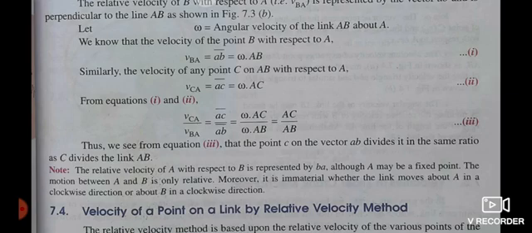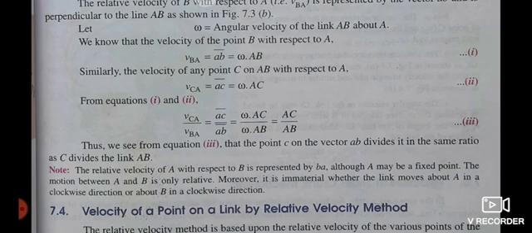Similarly, the velocity of any point C on AB with respect to A is VCA equal to ac vector, equal to omega times AC, if we have taken any other point in the link AB and that point is C. So from equation 1 and 2, dividing equation 2 by equation 1, VCA divided by VBA equals ac vector by ab vector equals omega AC by omega AB, that is equal to AC by AB.